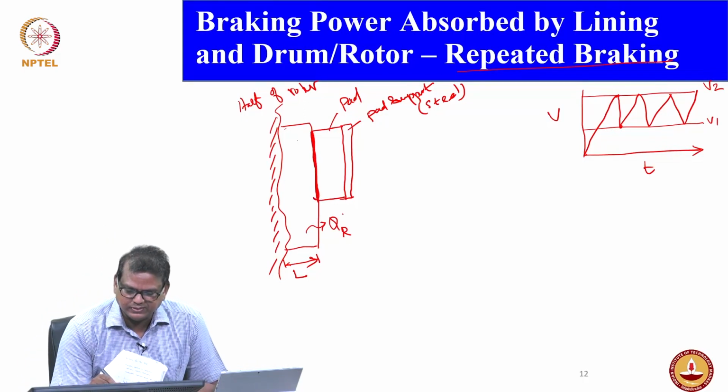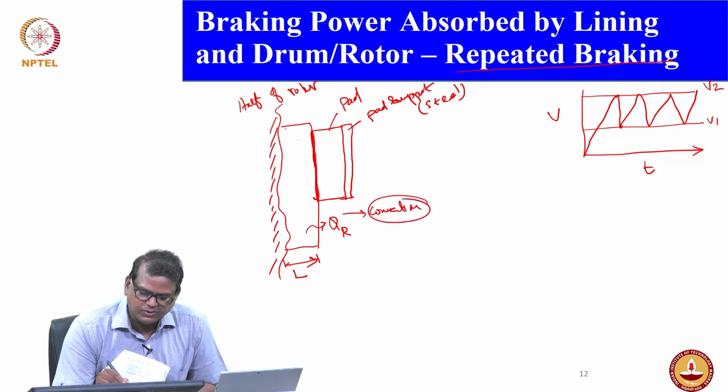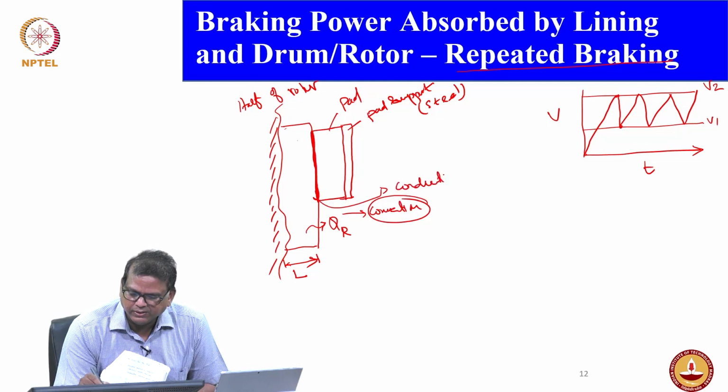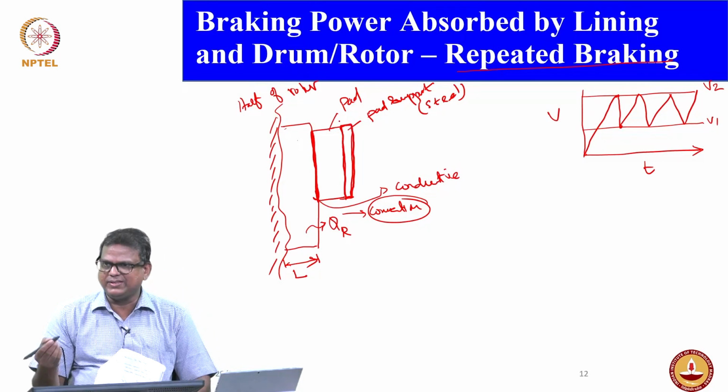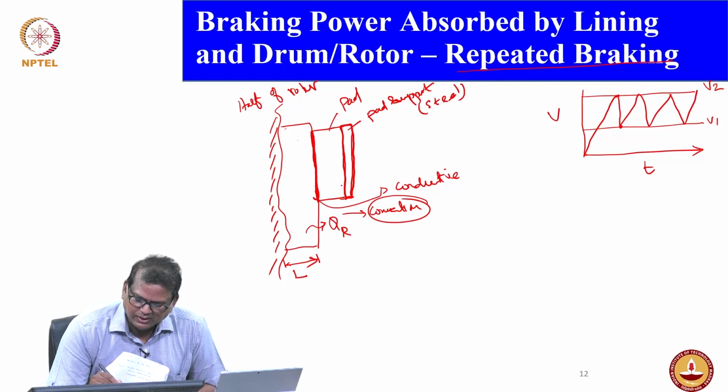So, here it is convection heat transfer, and in this portion you will have conductive heat transfer. How about the interface of the brake lining and the support? That is also conductive, so another conductive will be there.